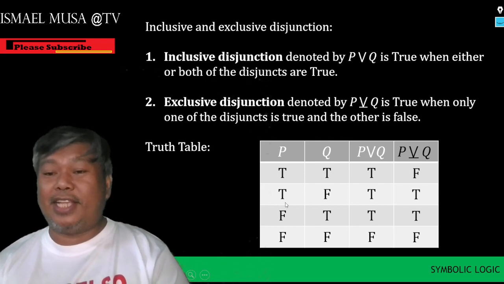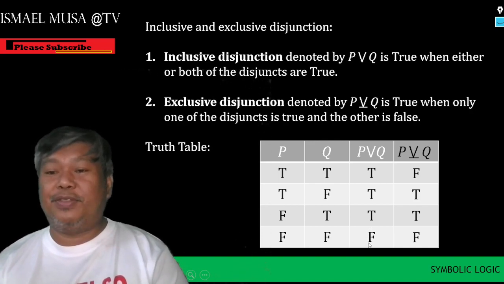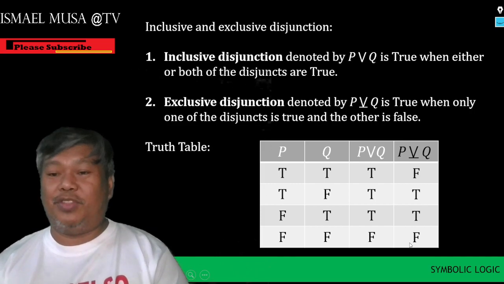In the second row, one is true, so that's true for inclusive and also true for exclusive. P is false, Q is true, so one is true. Therefore, that is true for inclusive and also true for exclusive. Of course, false, false becomes false for inclusive and false for exclusive disjunction.